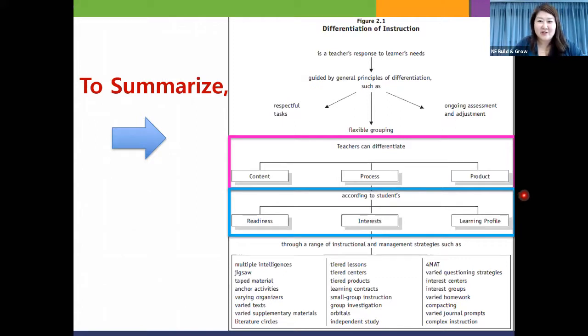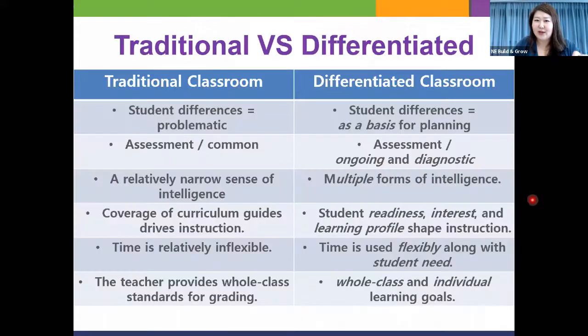So we're now going to go into a comparison to try to give you vivid images of a differentiated classroom. We're going to go over this slide quickly: traditional classroom versus differentiated classroom.